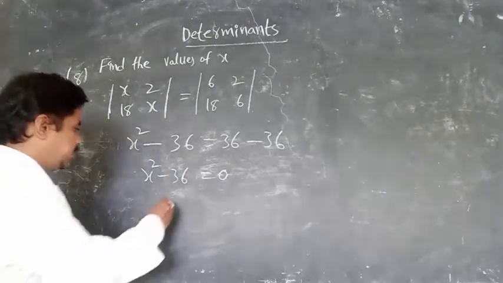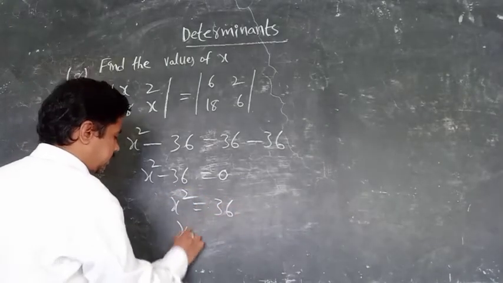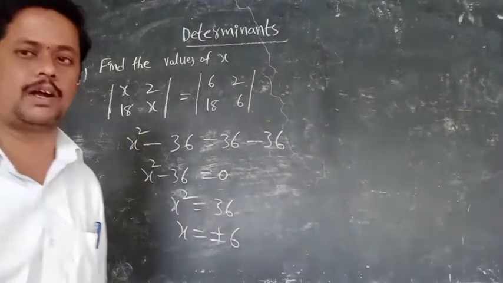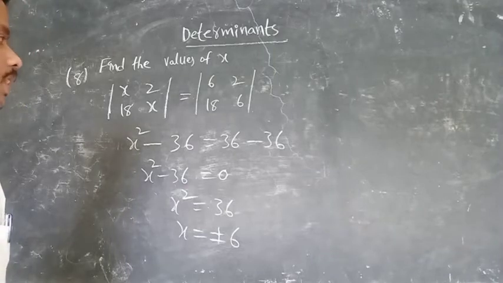So x square is equal to 36. X is equal to plus or minus root 36, and root 36 is 6. So x is equal to plus or minus 6. Understood or not? Like that we have to simplify.